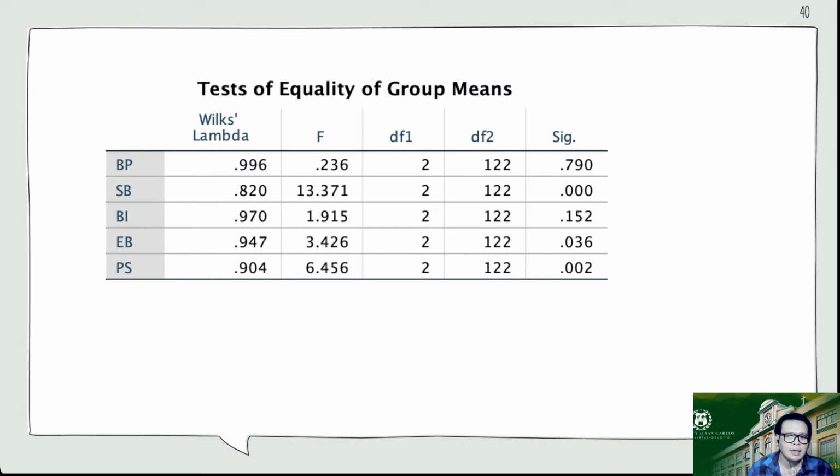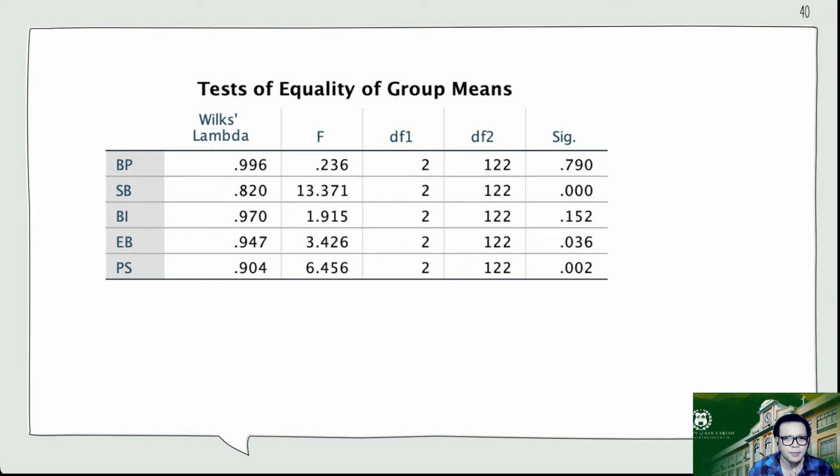Next is the test of equality of group means. In this test, we are going to identify the F value and significant value. The significant value, in this last column, is also considered the p value, and it is significant if it is less than 0.05. So I think we do have significant results here for SB, EB, and PS.